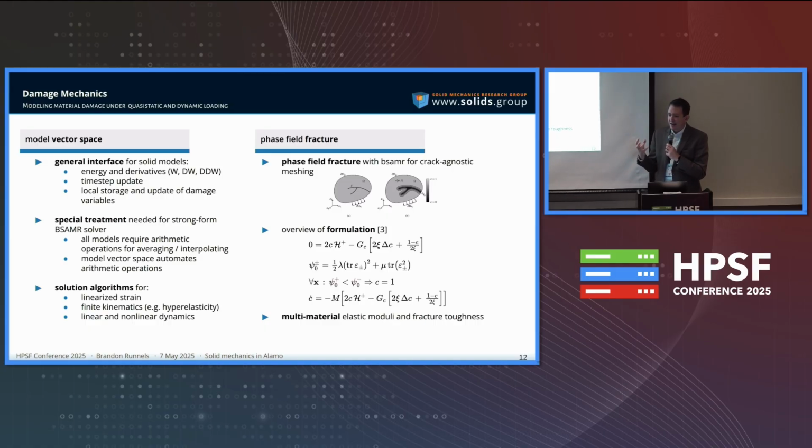The idea is that we need Alamo to be able to do the same kind of thing that you can do in commercial software like Abaqus, providing a UMAT. I need to encapsulate my model into this piece of code without changing the entire structure of the software. And this gives us the capability to do that.